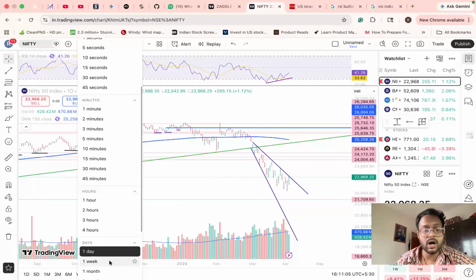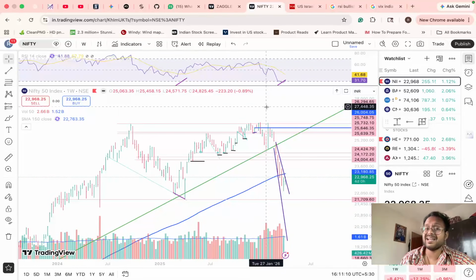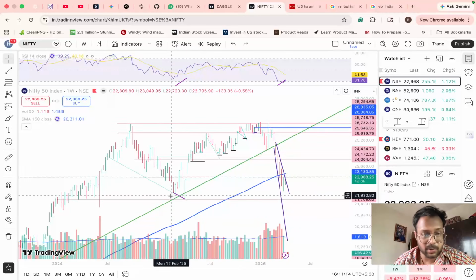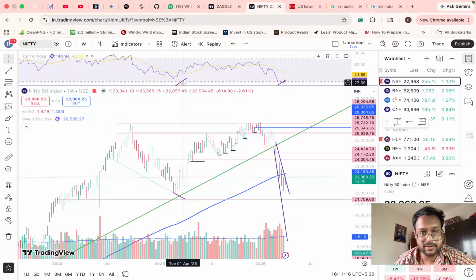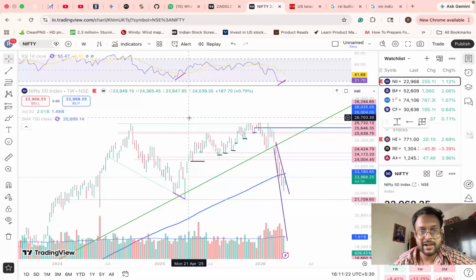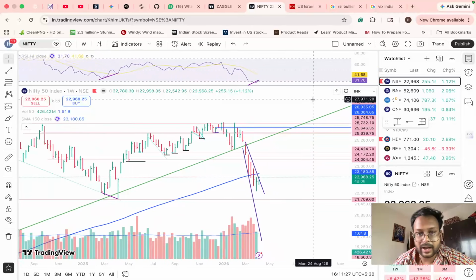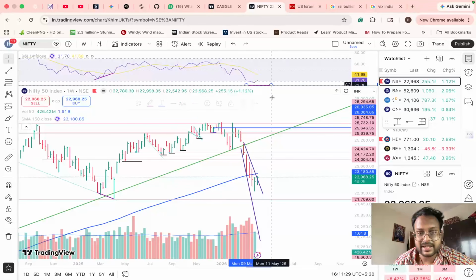Always do a confirmation of RSI on a weekly chart as well. See, when we made the price bottom, at that time there was a confirmation of RSI bullish divergence on the weekly chart as well. Right now we're in the weekly chart, right? If you look at this carefully, right now we haven't reached any confirmation on the weekly chart.